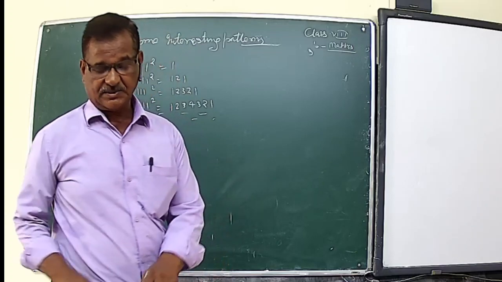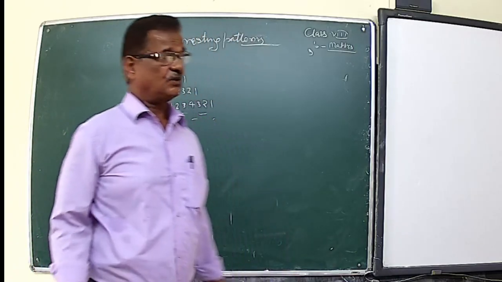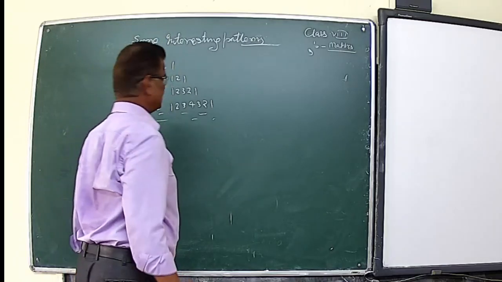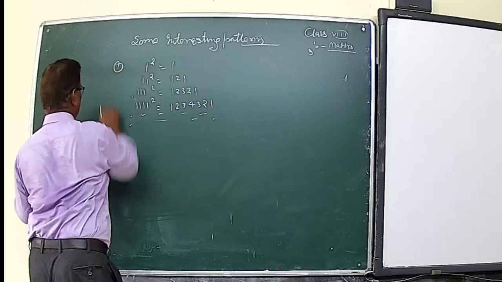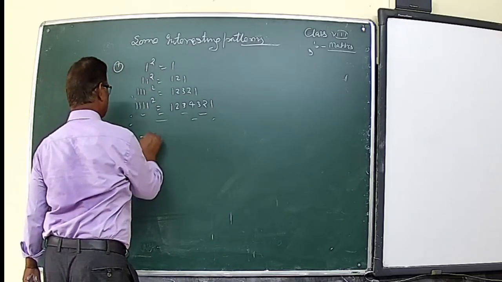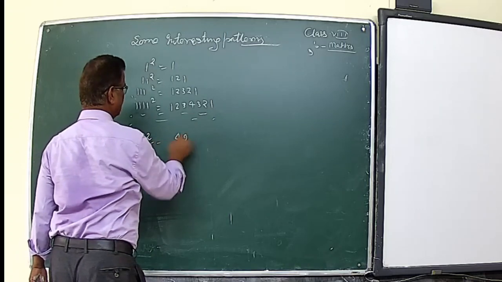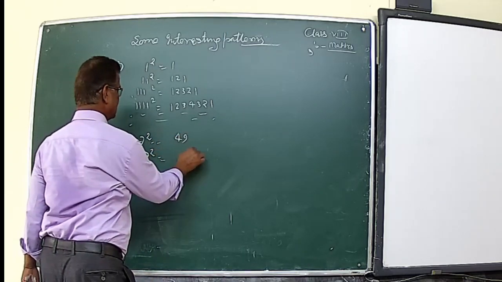And now there is given the square of numbers formed by 6 and 7. First interesting pattern, second interesting pattern. 7 whole square is 49. 67 whole square is 4489.